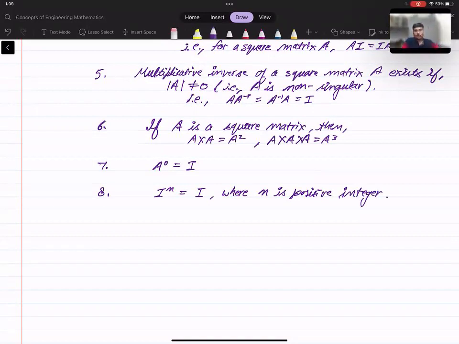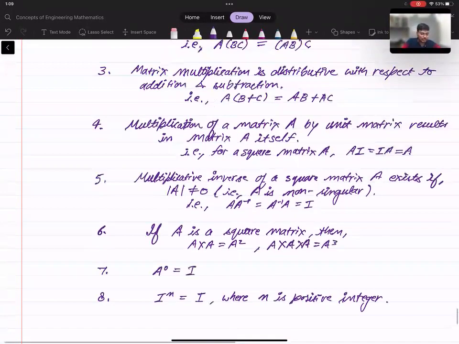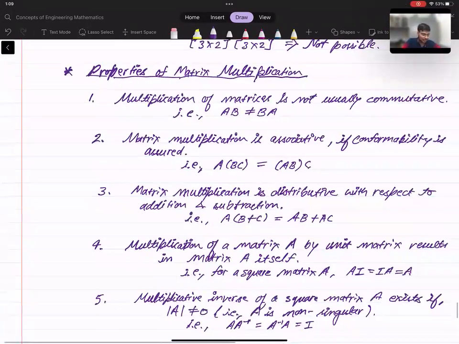So these were some of the important properties related to multiplication of matrices.